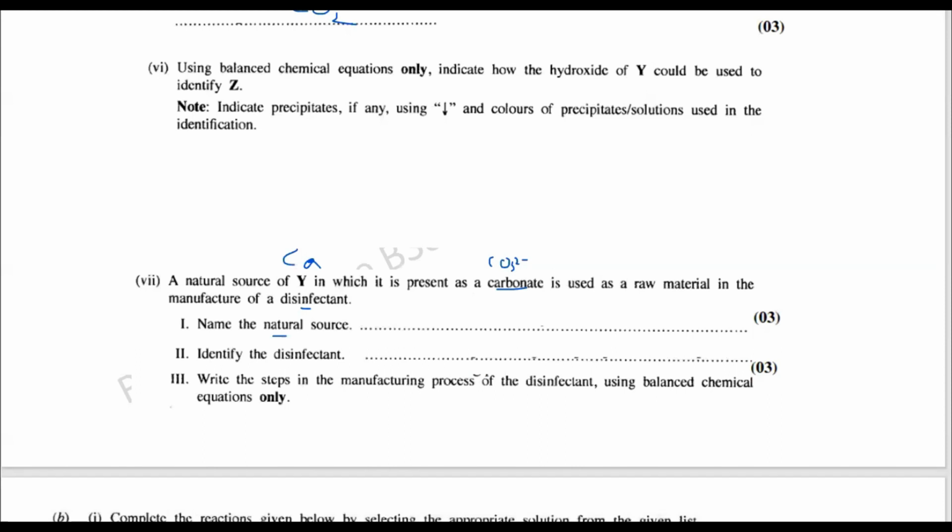Can you tell what it is? What is the natural carbonate form of calcium? Yes, it is limestone.